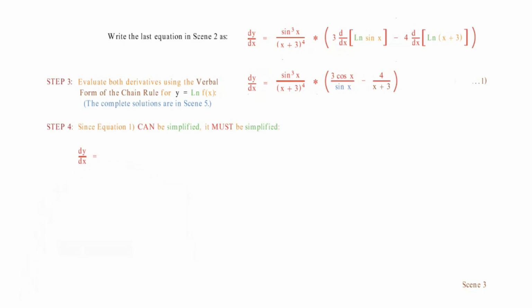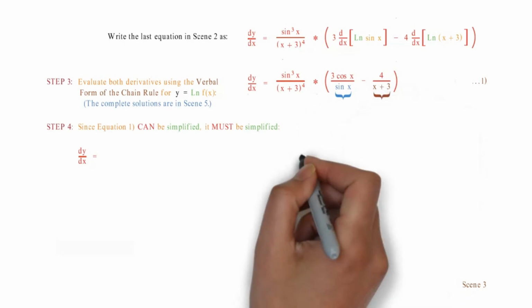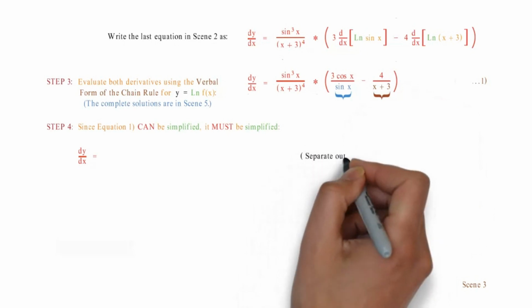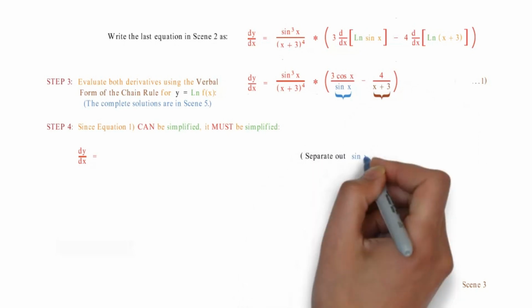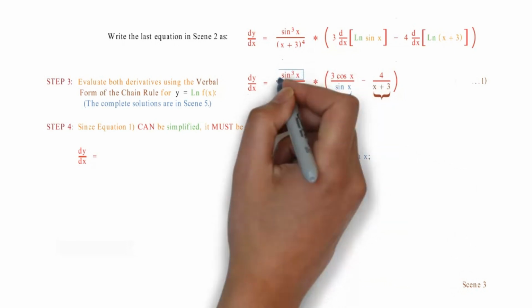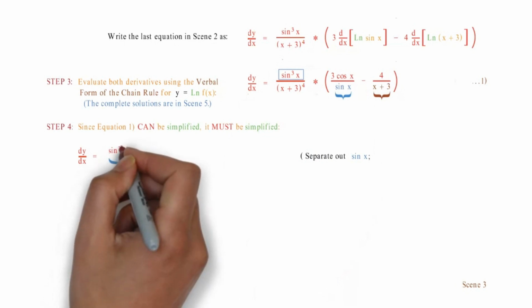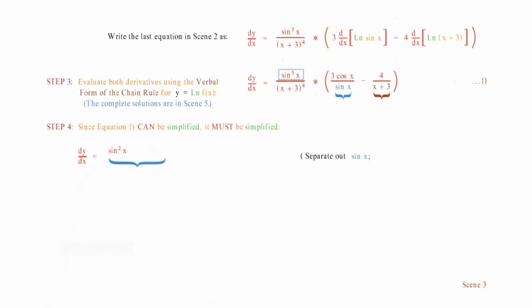Since the denominators are sine of x and x plus 3, separate out sine of x. Sine cubed of x becomes sine squared of x times sine of x.